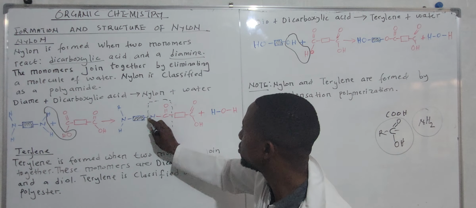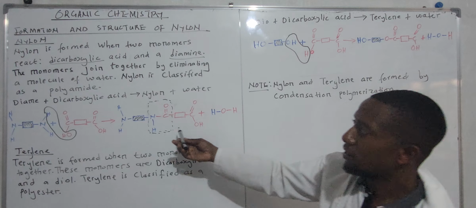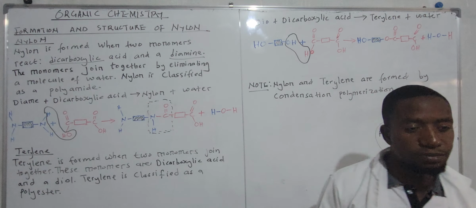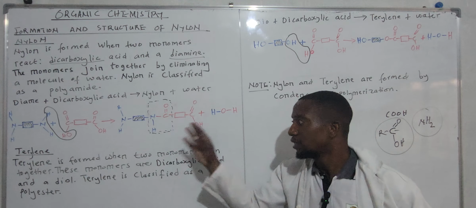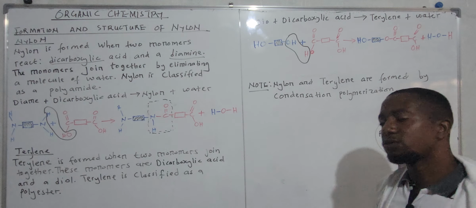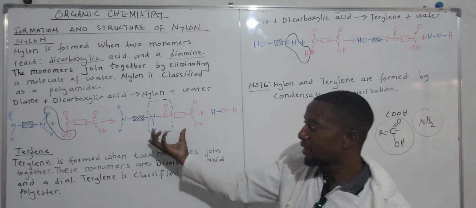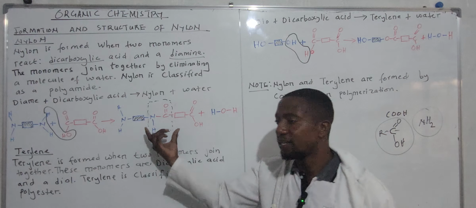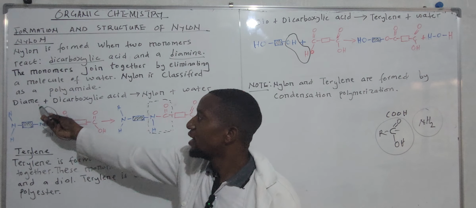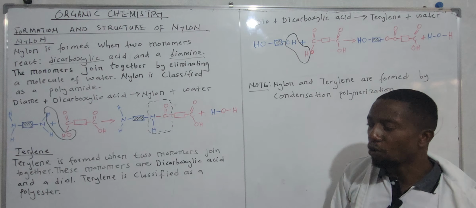Sometimes they may ask you to draw where the polyamide linkage is formed, and it is in this structure. When a diamine reacts with a dicarboxylic acid, we get a nylon and water.